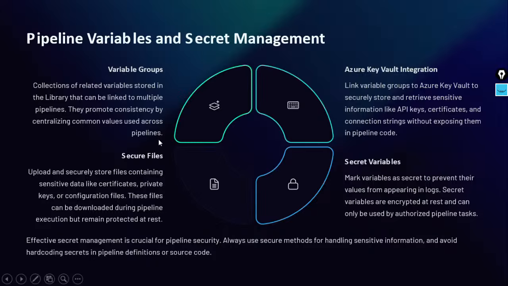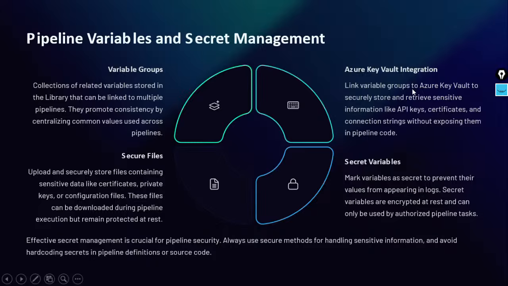Either you can go by the variable groups for the security configuration, or you can use secure files for all the sensitive data like certificates, private keys, or configuration files. Or you can use the Azure Key Vault integration.